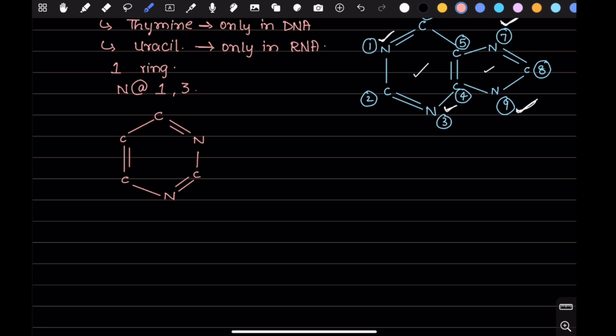Now if we number it, we have to come from bottom. 1, 2, 3, 4, 5, and 6. So as I told in the description, it is a single ring structure and it consists of nitrogen at first place and third place. Clear?